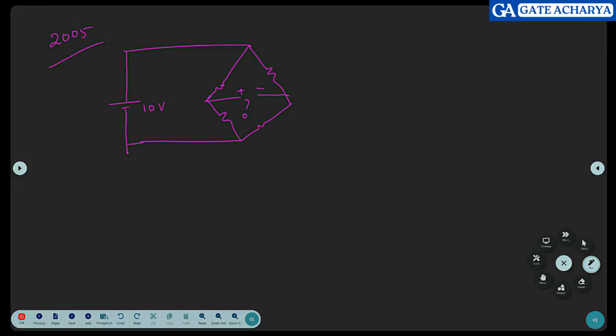Find this voltage, R1, R2, R. Your voltmeter is connected here with plus and minus like this. What is the voltage it will read?